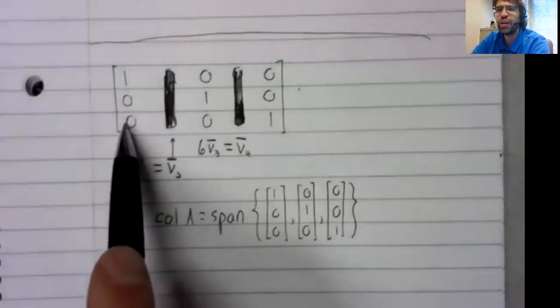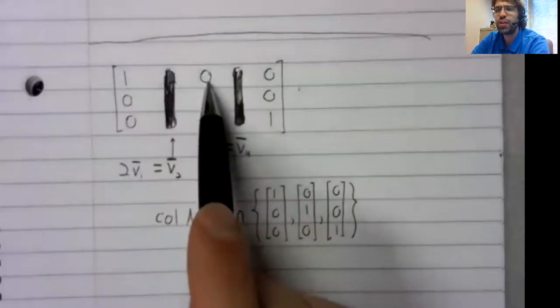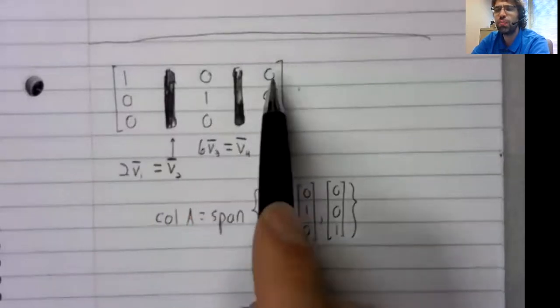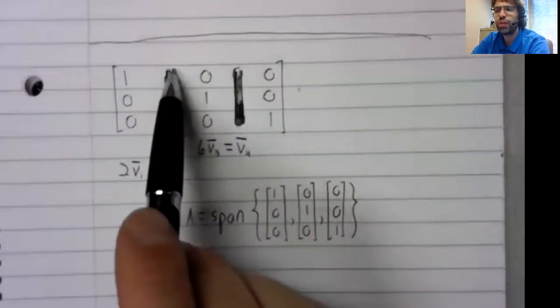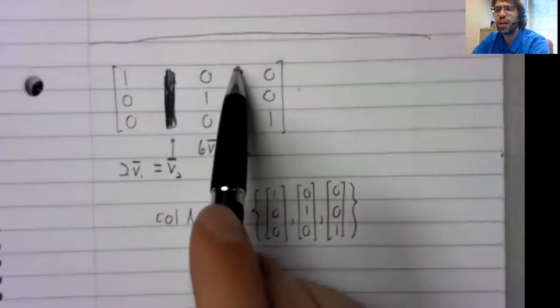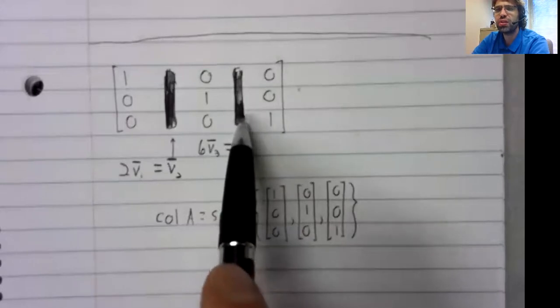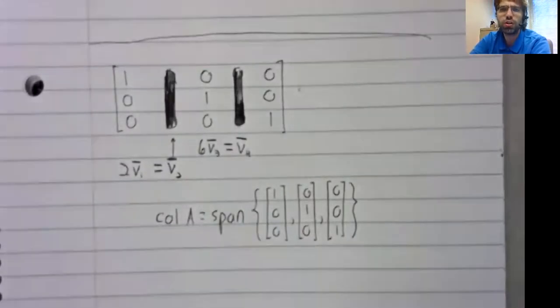This is a pivot column. This is a pivot column. This is a pivot column. This and this were not pivot columns.